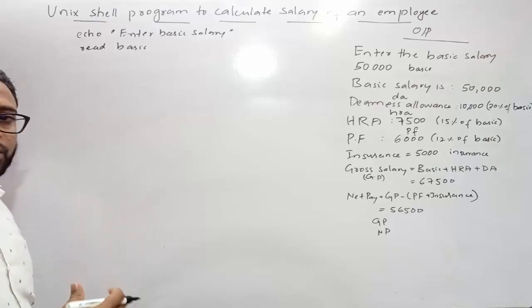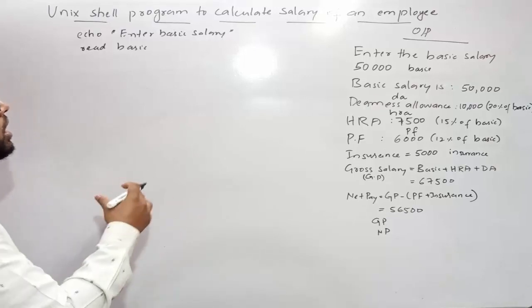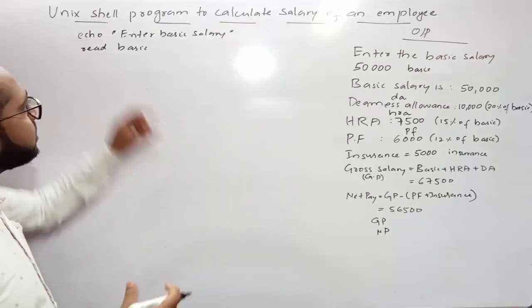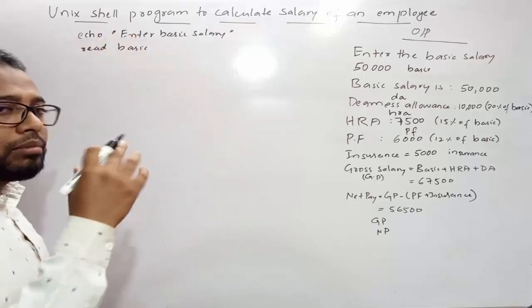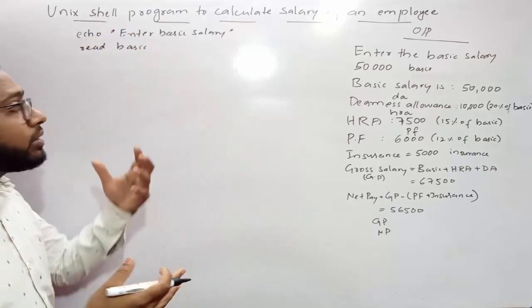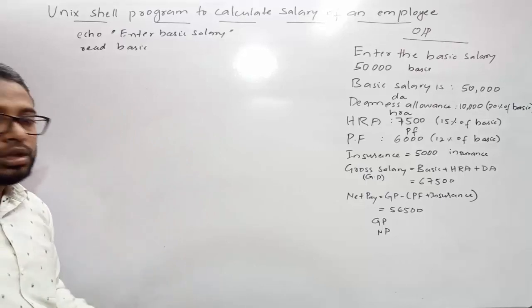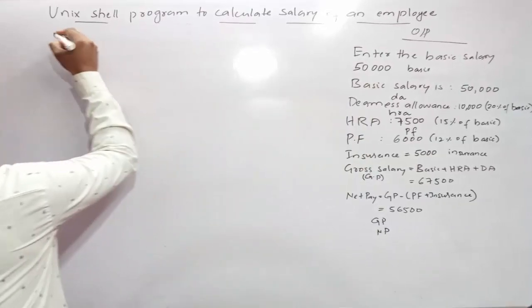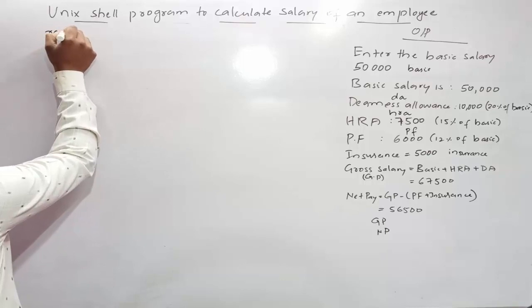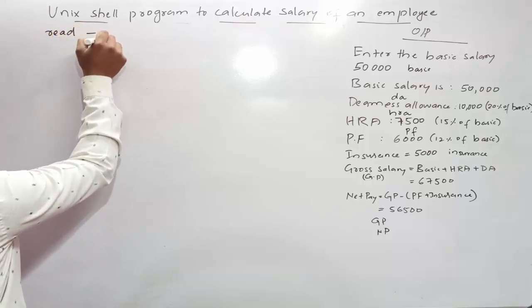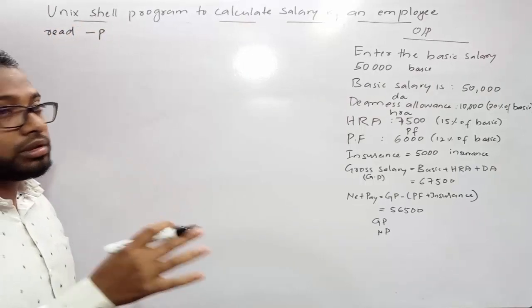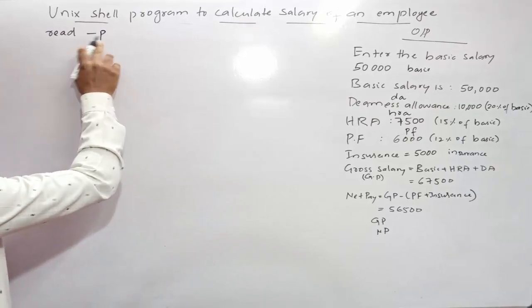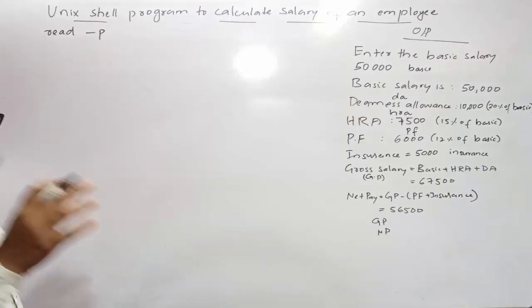But in this video I will show you one more method by which, in a single statement, you can give the message to the user as well as take the value as input from the user. First you need to write the read command, read space hyphen p. It is an option, called option hyphen p, where p stands for prompt.